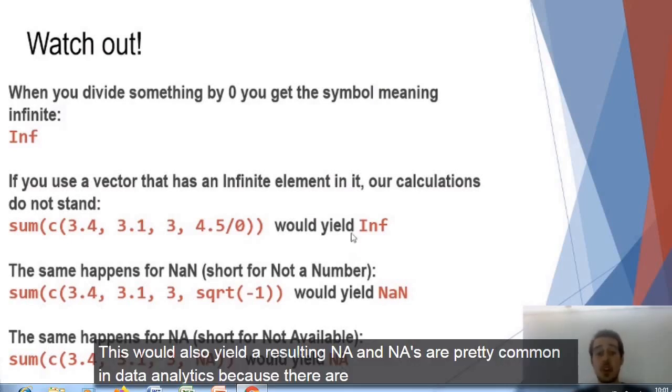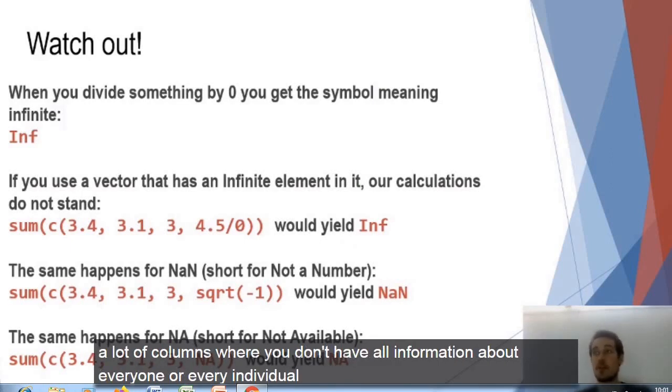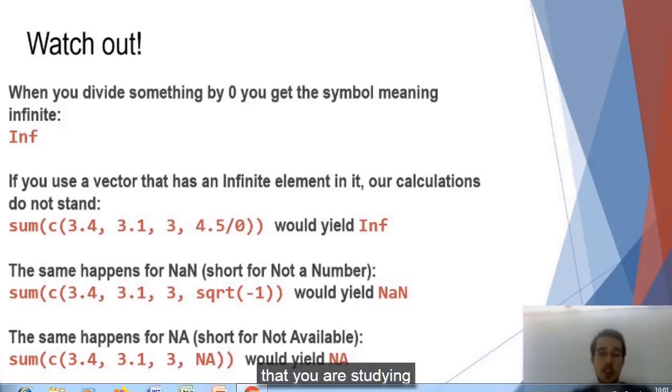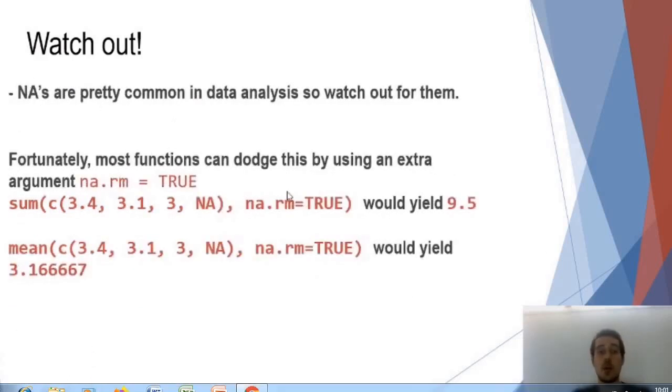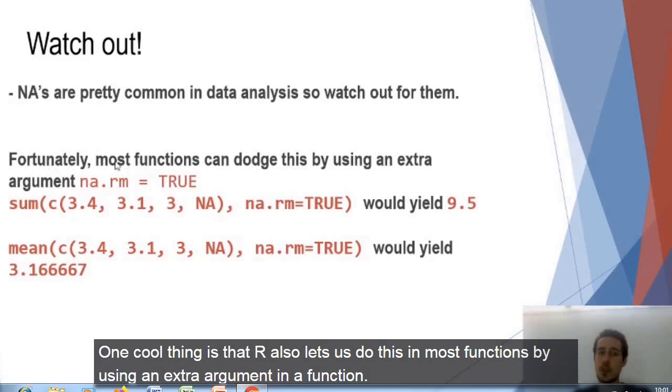And NAs are pretty common in data analytics because there are a lot of columns where you don't have the whole information about every individual that you are studying, right? So you will have a lot of not availables, and you have to watch out for that. One cool thing is that R also lets us handle this in most functions by using an extra argument in a function.